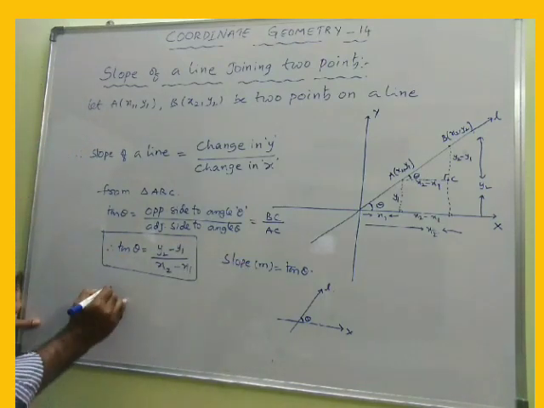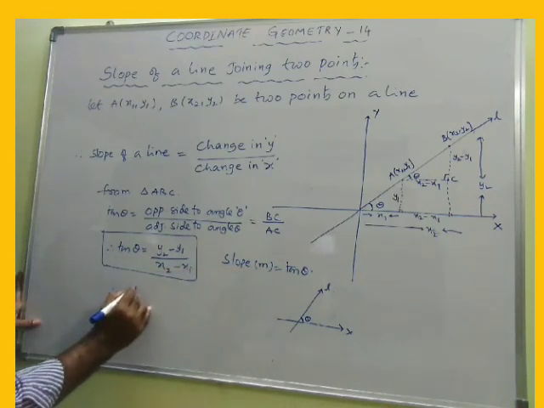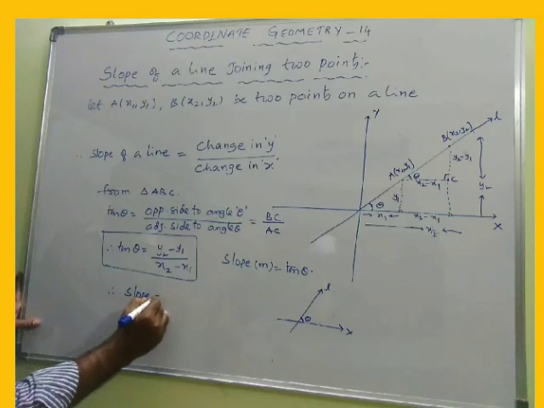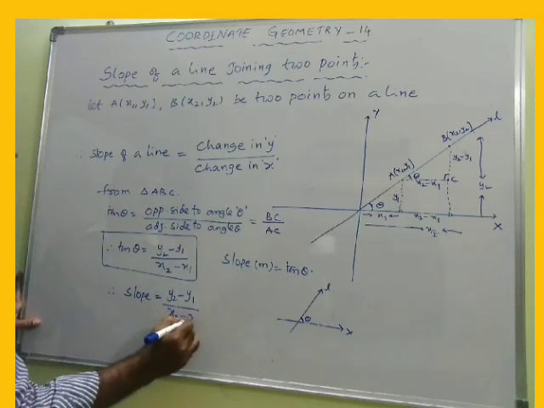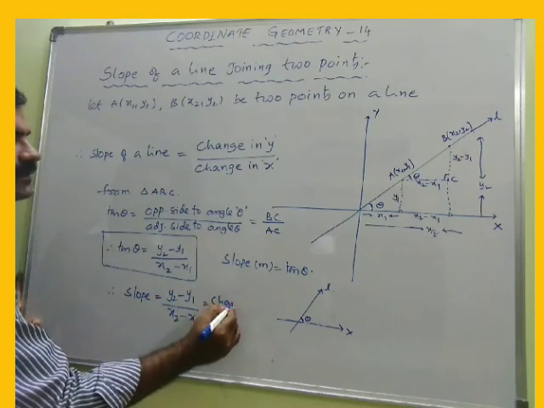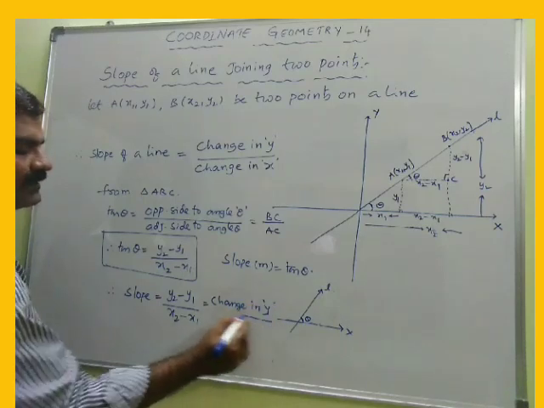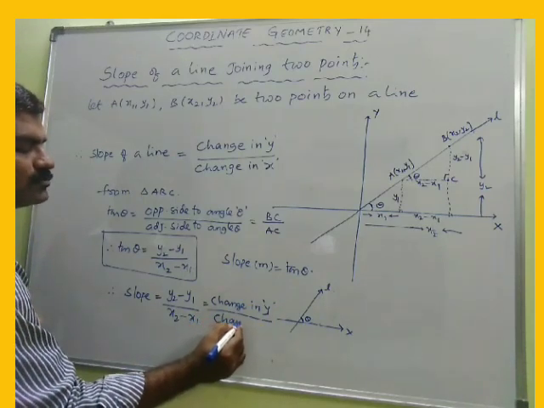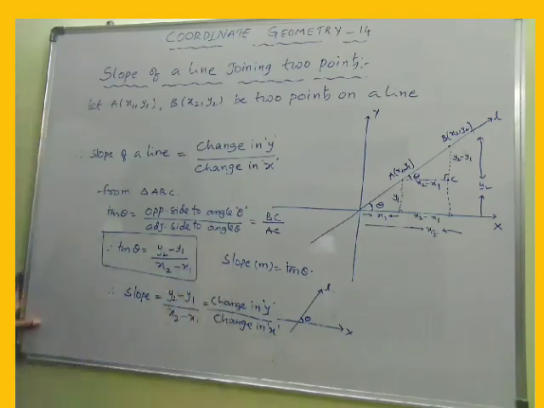So finally I can say that tan theta is nothing but the slope. Therefore the slope of a line is equal to y2 minus y1 by x2 minus x1. Here y2 minus y1 is the change in y, and x2 minus x1 is the change in x.